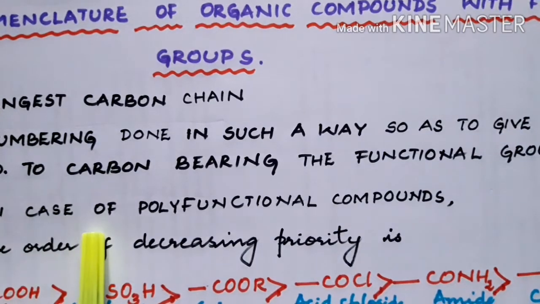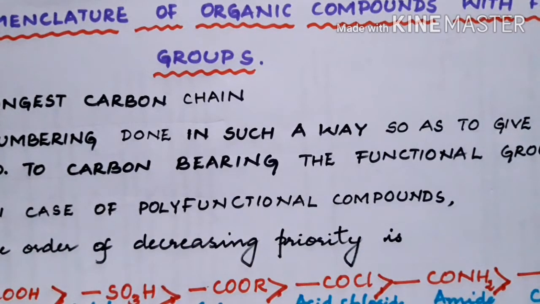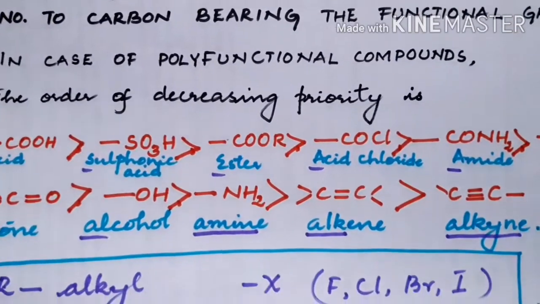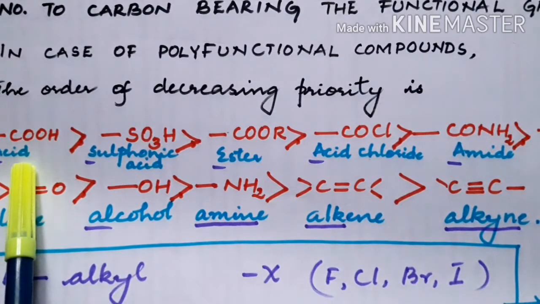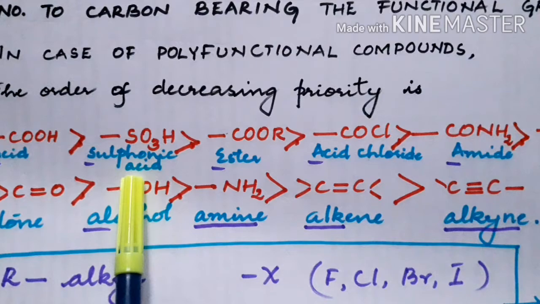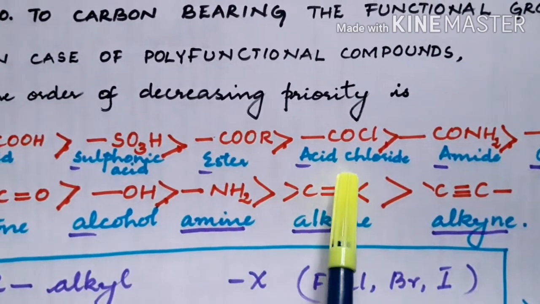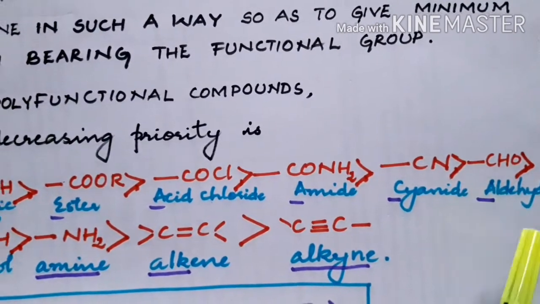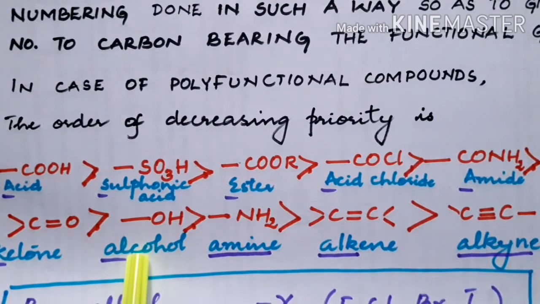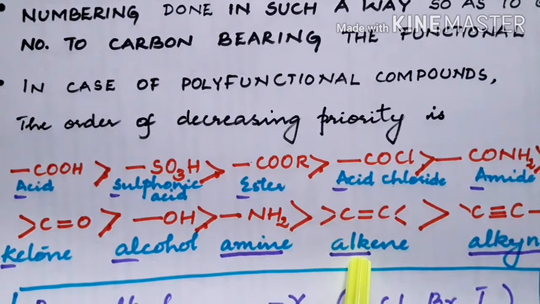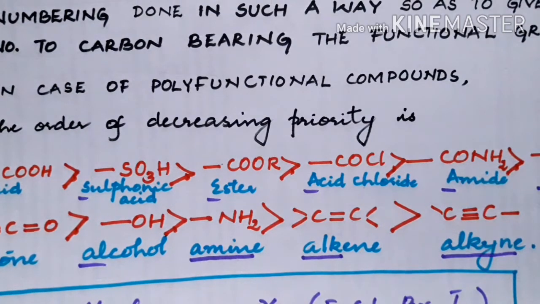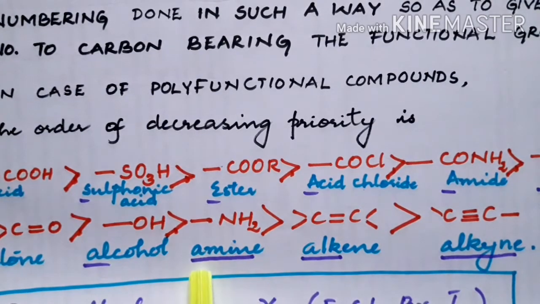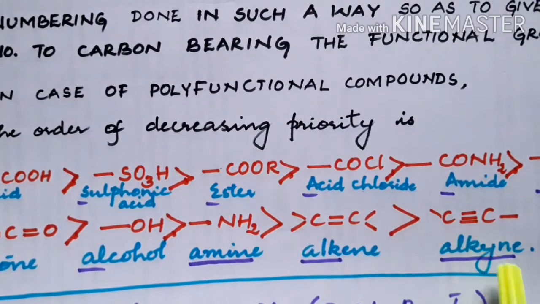In case of many functional groups, the order of decreasing priority is given by carboxylic acid, the greatest, followed by sulfonic acid, ester, acid chloride, amide, cyanide, aldehyde, ketones, alcohols, amines, alkene and alkyne. So the code word will be ACIAC, alk, alamine, alk, alkyne.